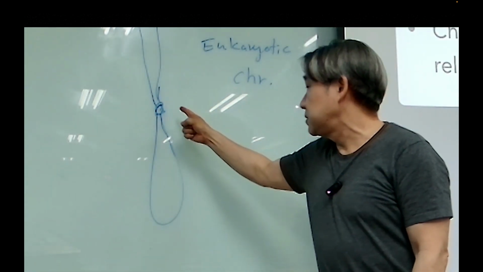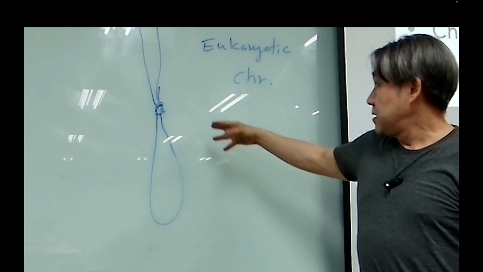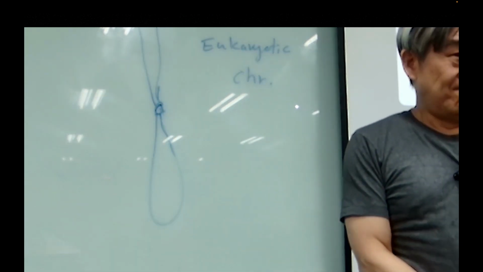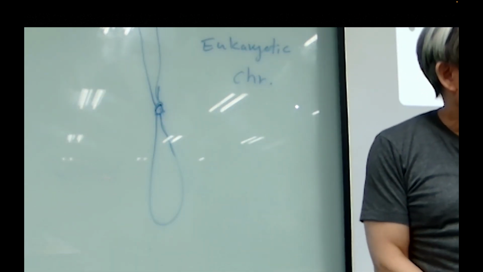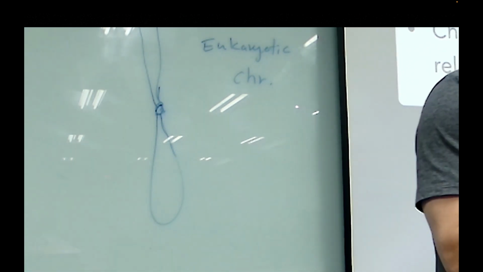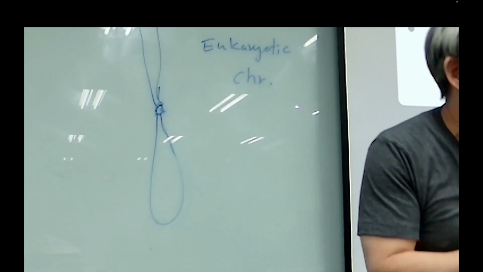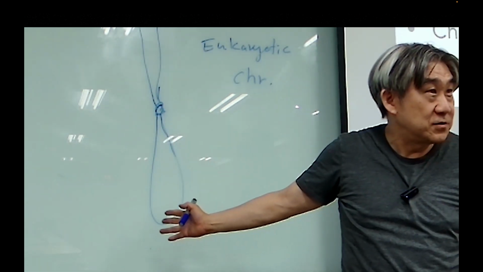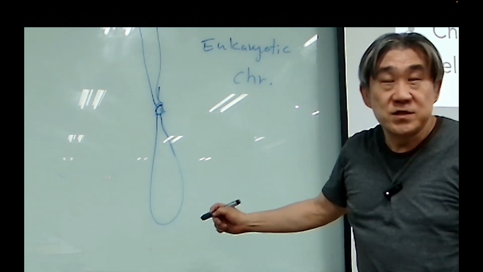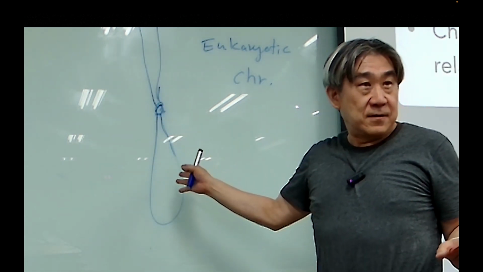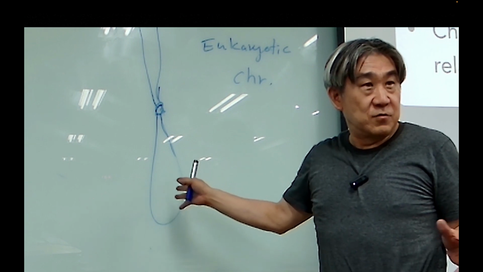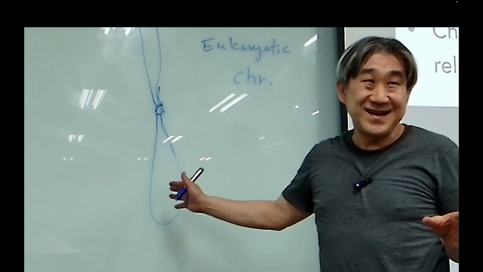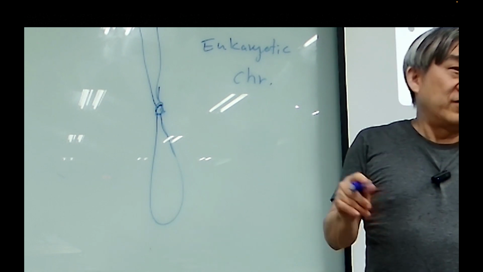My point here is that if you want to observe any given cell under the microscope and try to find this typical eukaryotic chromosome structure, and you succeed, you are very lucky, because this doesn't exist very frequently.